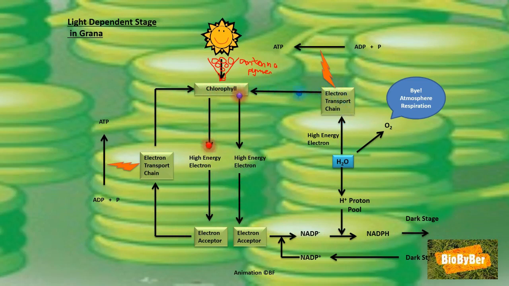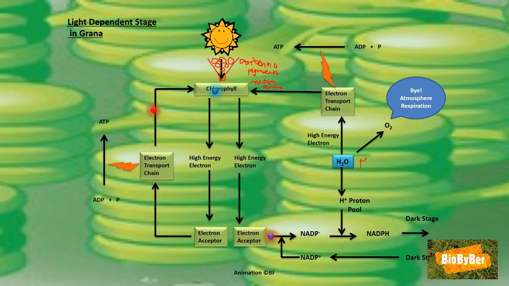So we have the antennae pigments and we'll include the label reaction centre. Let's put in the label PW for pathway 1 and add the label PW for pathway 2.